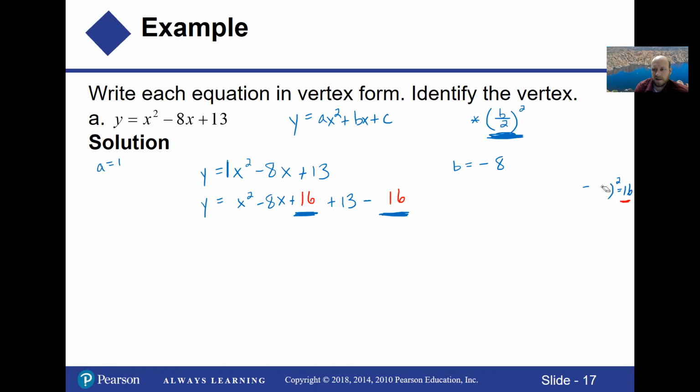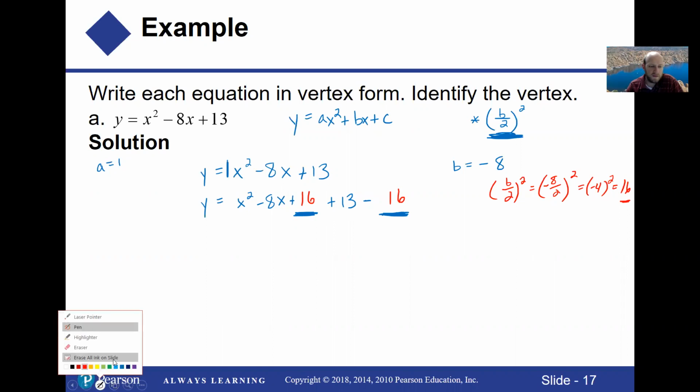Let me change it to red. I'm figuring out what b over 2 squared is. It's negative 8 over 2 squared, which is negative 4 squared, which is 16, and I'm adding 16 and subtracting 16 as well.